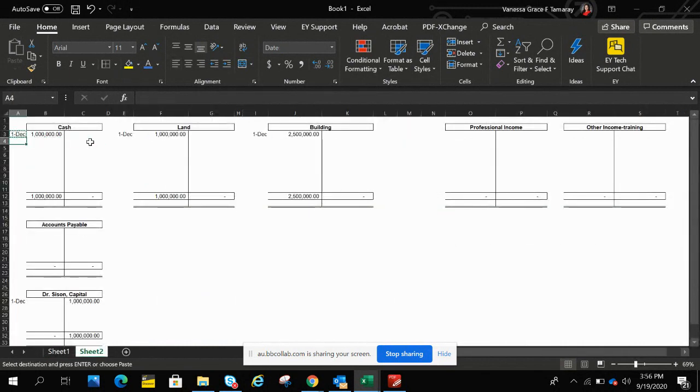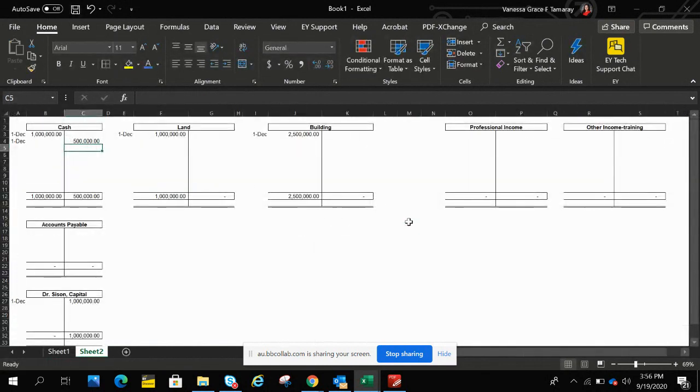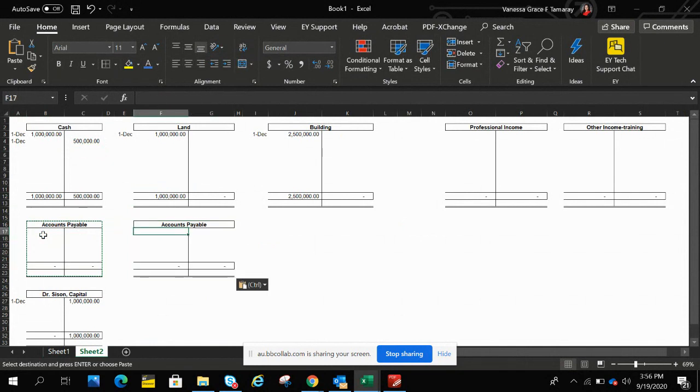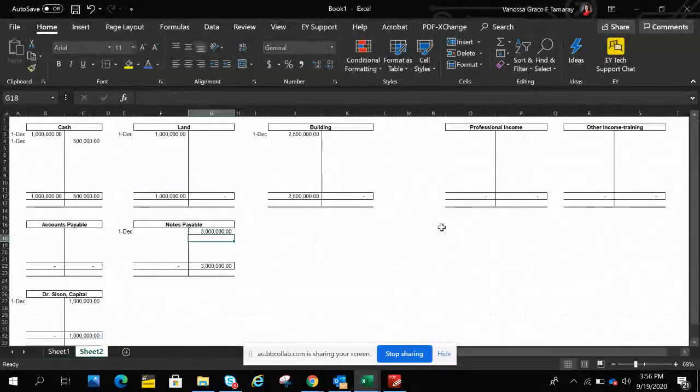So, meron tayong credit cash. Then, notes payable. Credit kasi ang normal balance ng mga liability ay credit.